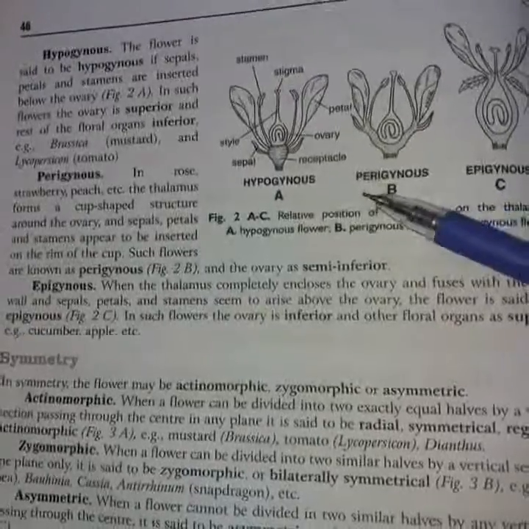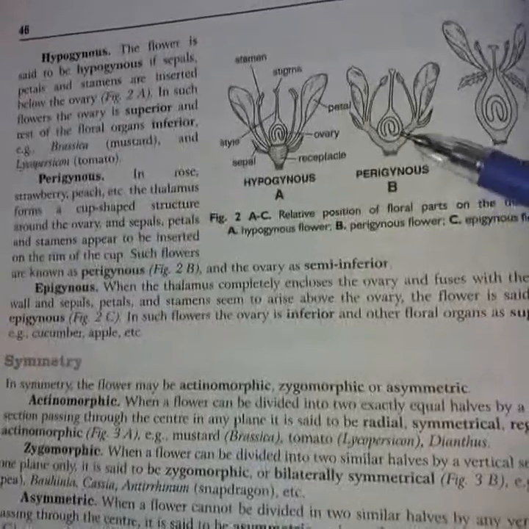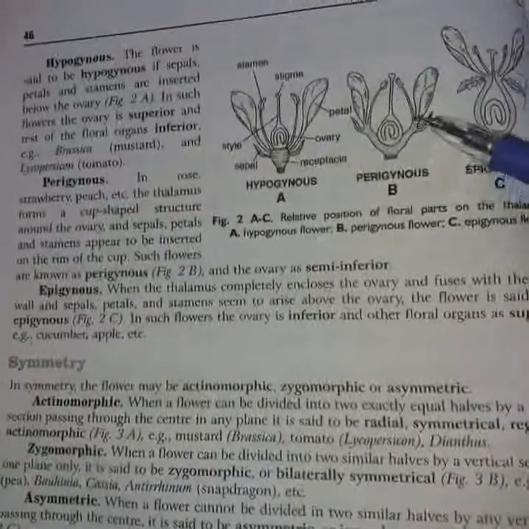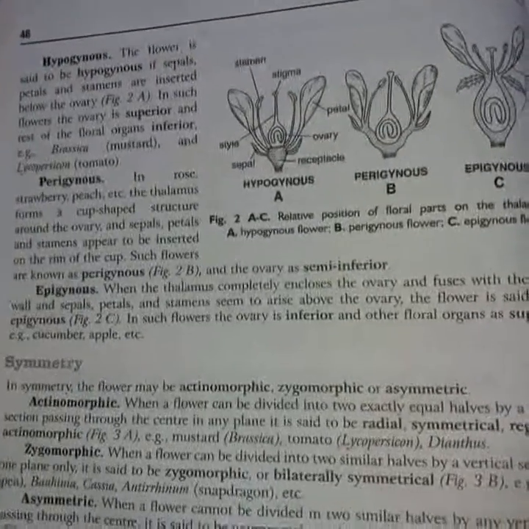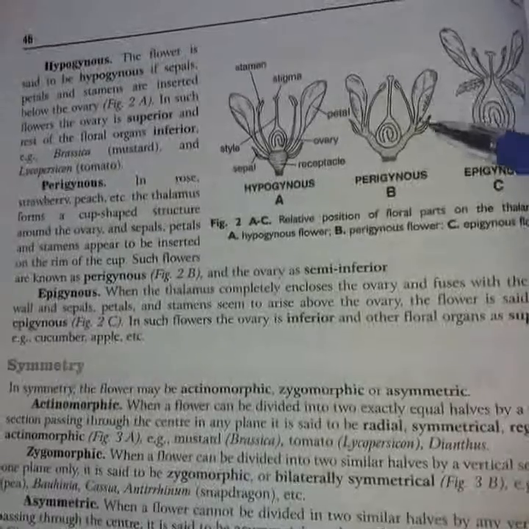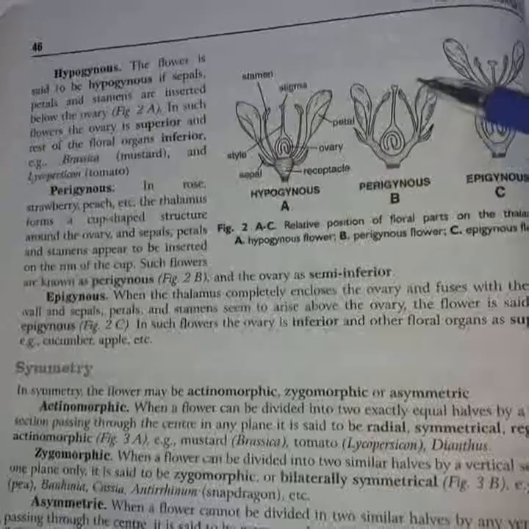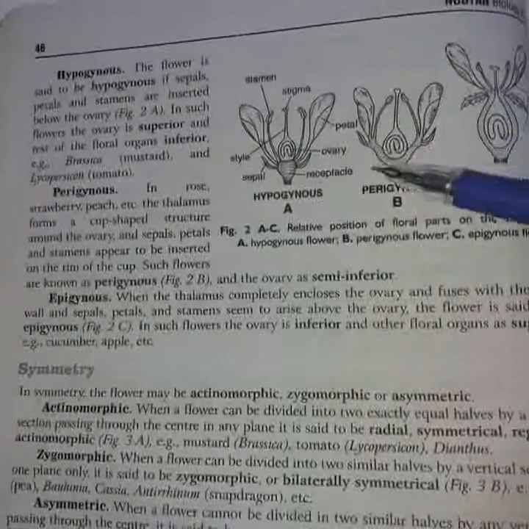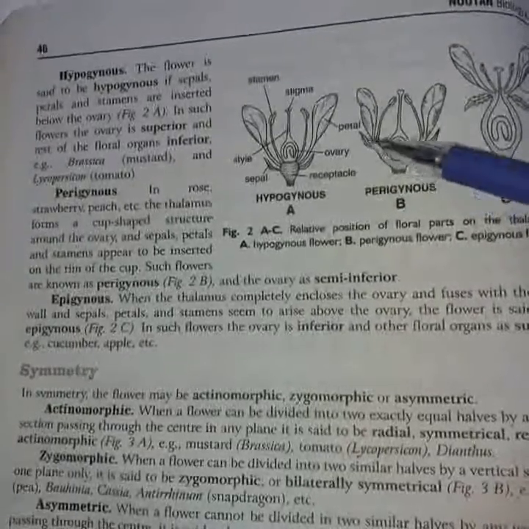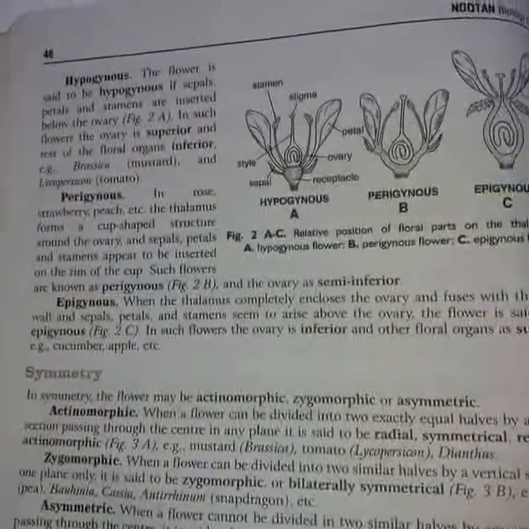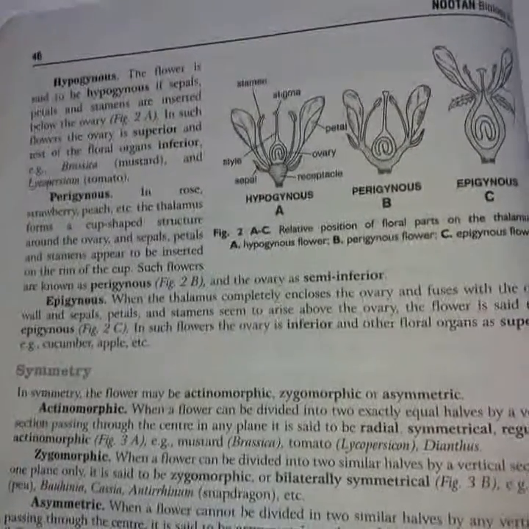Next type is perigynous. In some flowers the thalamus has a cup-shaped structure. When petals, sepals and stamens are inserted on the rim of the cup, or the thalamus encloses half the ovary, this condition is called perigynous.